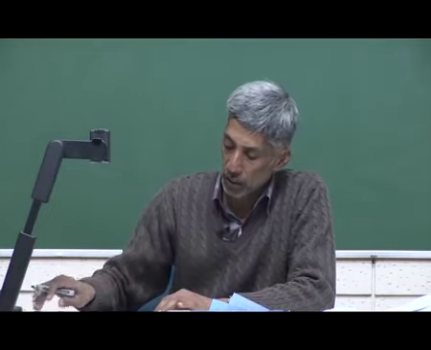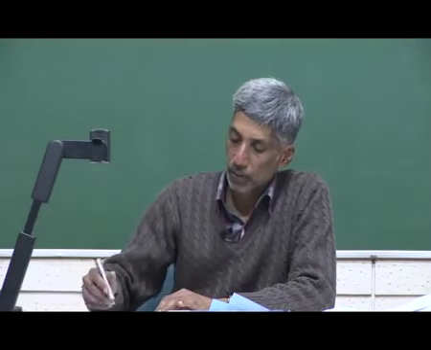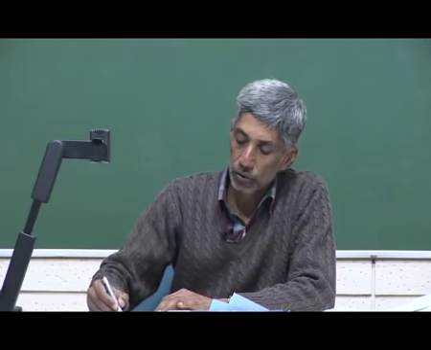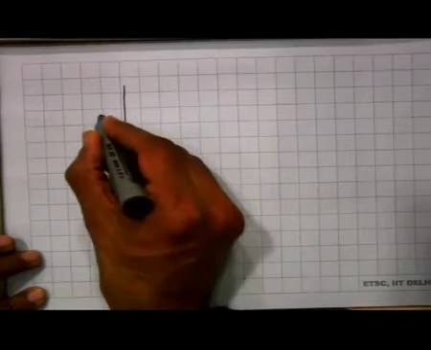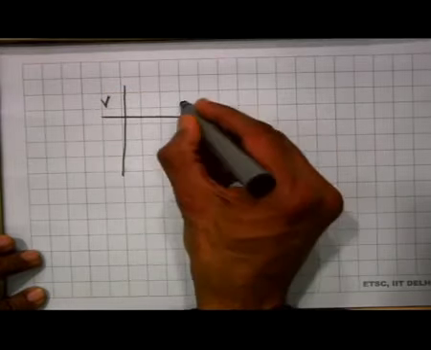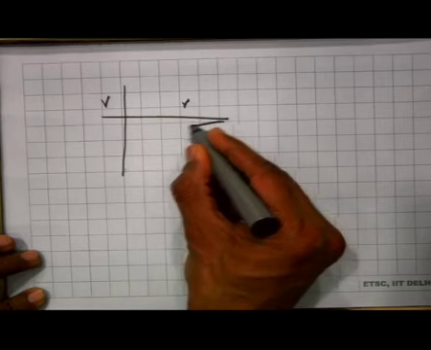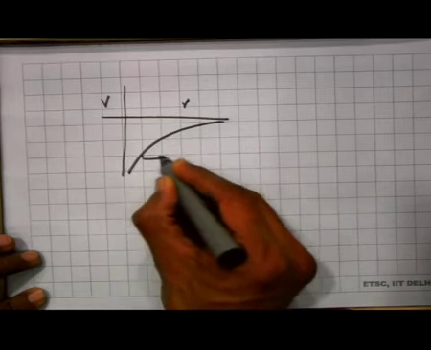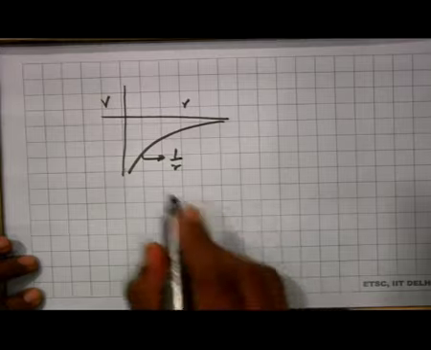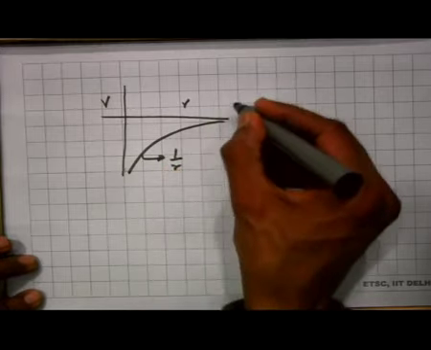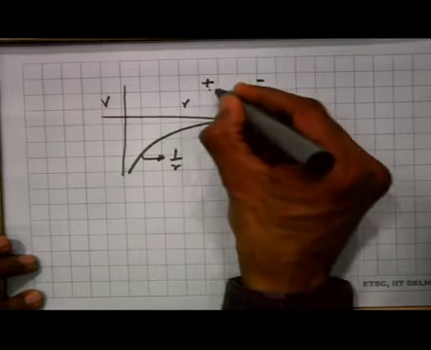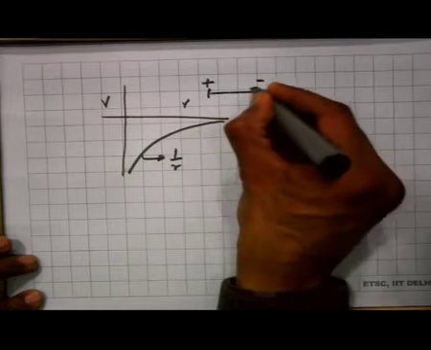Now, the potential energy that we have of this electrostatic interaction, V as a function of distance, goes as 1 over r. So, I am taking it that I have a positive ion and a negative ion, and this distance is r.